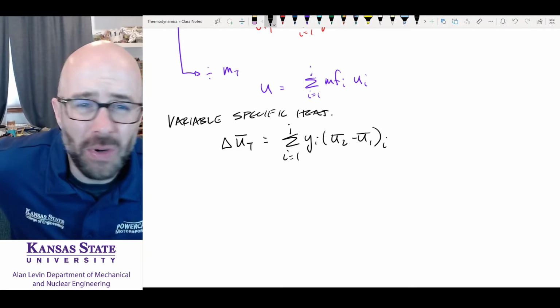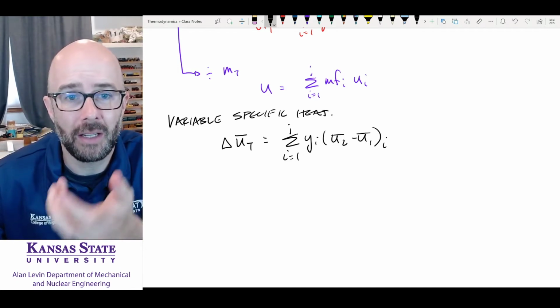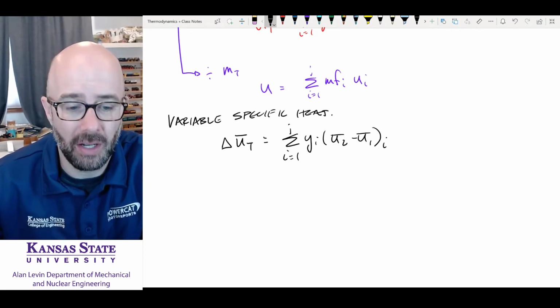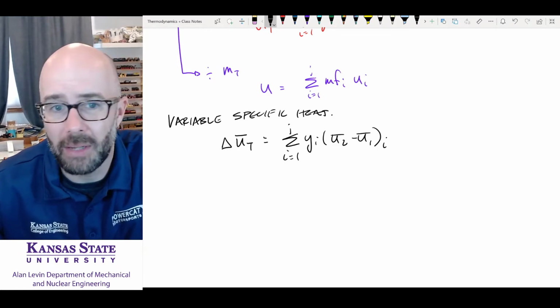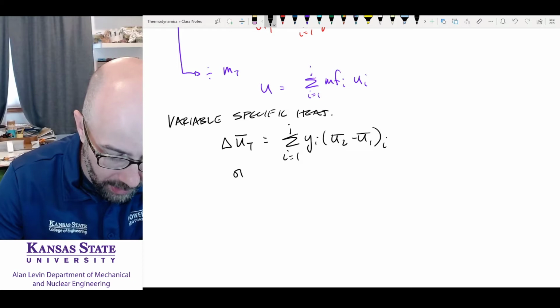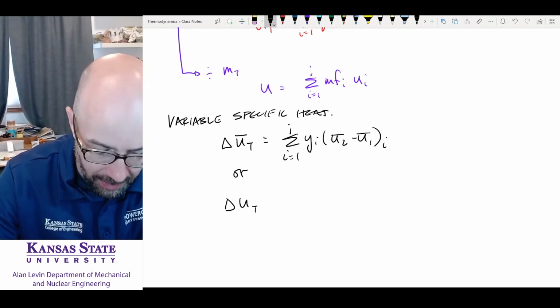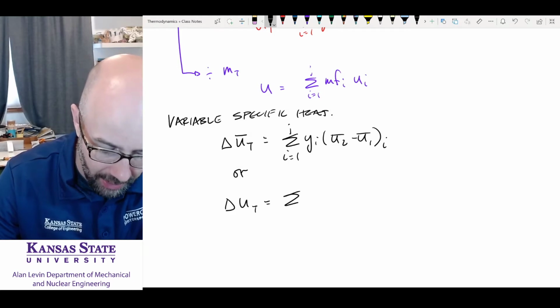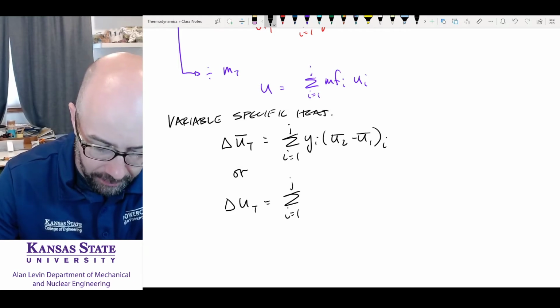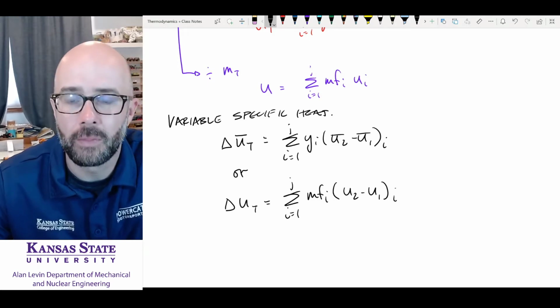And now we're saying, no, not all of the internal energy change is going to come from this one substance. There's going to be multiple substances that are going to provide this. We're going to look these up in the tables and figure out what this is. Or we can say that the change in internal energy total on a mass basis is equal to the summation from i equals 1 to j of the mass fraction of each component times (u2 minus u1) of i.